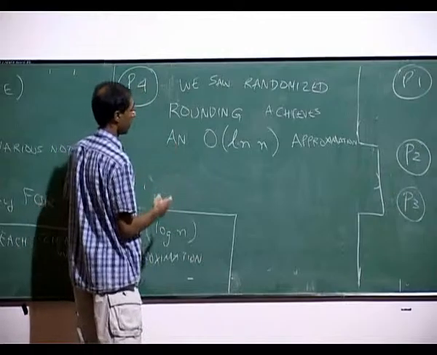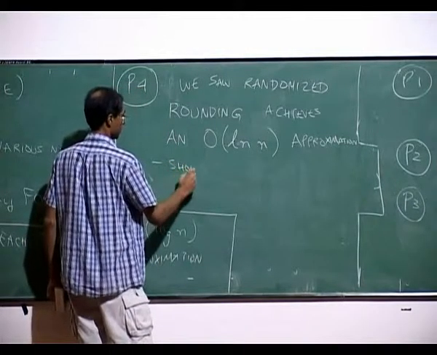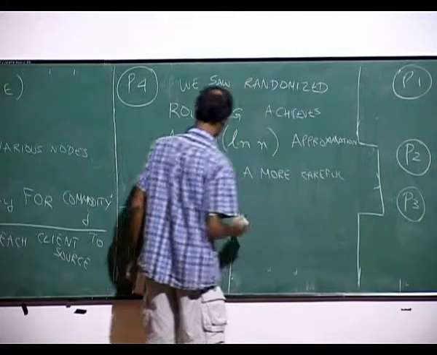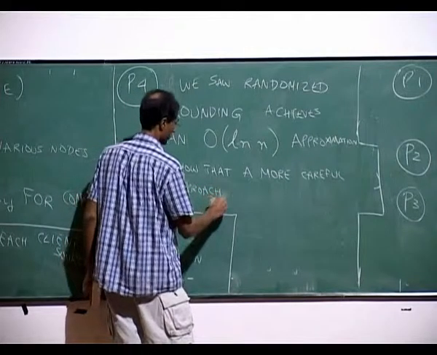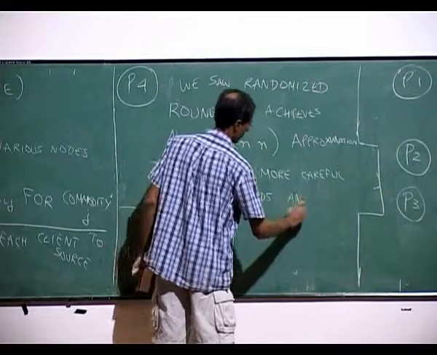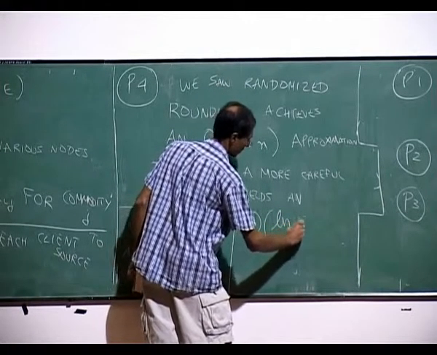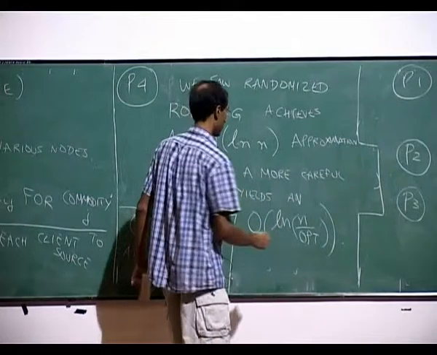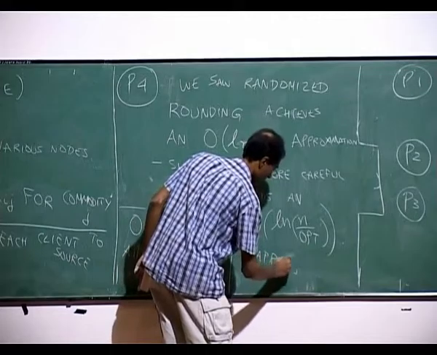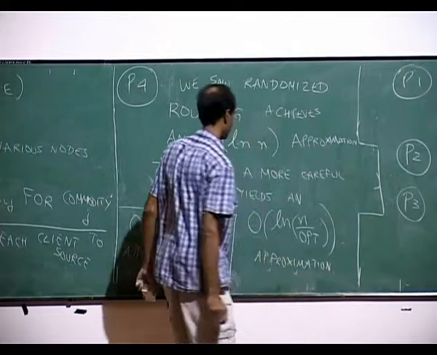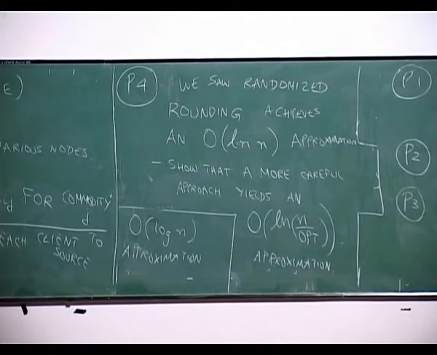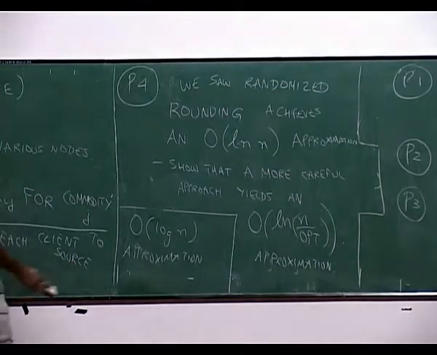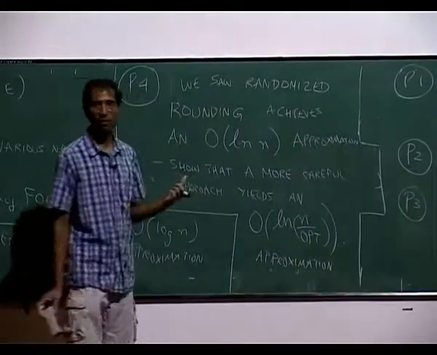Okay. Show that a more careful algorithm and more careful analysis yields a better approximation ratio. Yeah, so one thing is the hint: look at the rounding step.